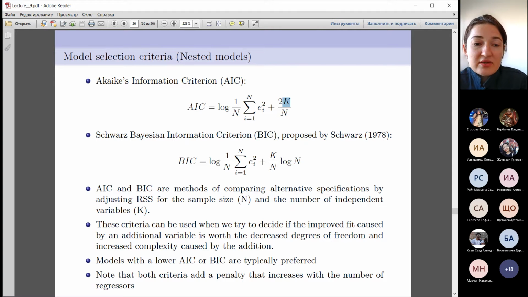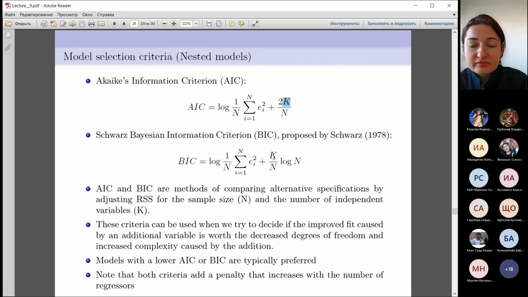And these criteria can be used when you try to decide if the improved fit caused by an additional variable is worth the degrees of freedom and increased complexity caused by this addition in your model. Because every time you should remember, when you add more variables in your model, you decrease the degrees of freedom in your model.